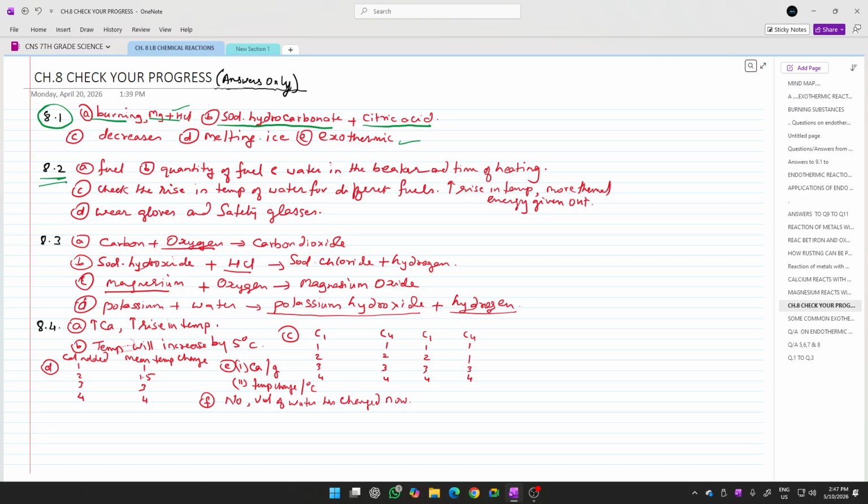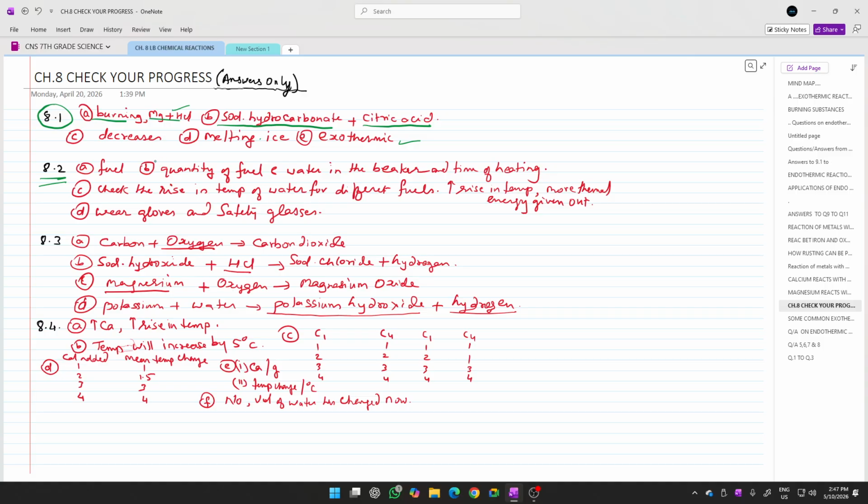Now let us come to 8.2. Question 8.2 says that burning is a chemical reaction where thermal energy is given out to the surrounding. Marcus has four fuels to investigate, and he wants to find out which gives out more thermal energy to the surrounding.